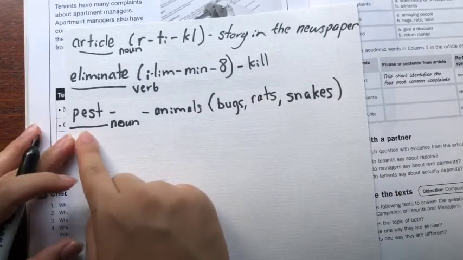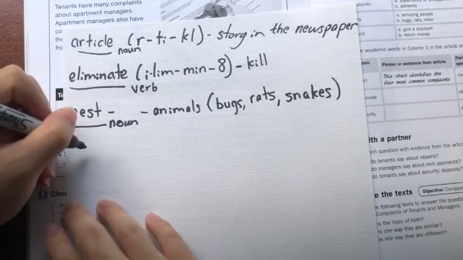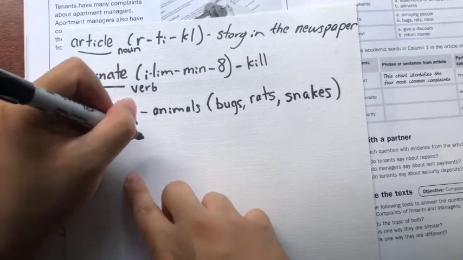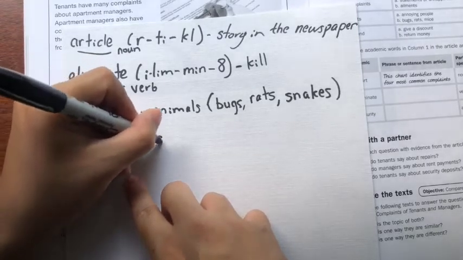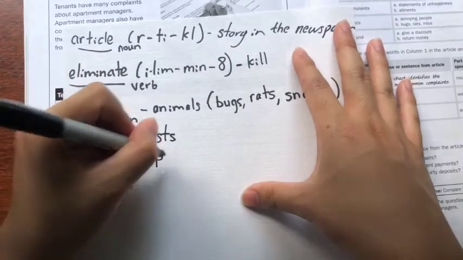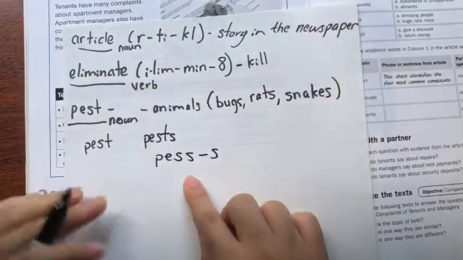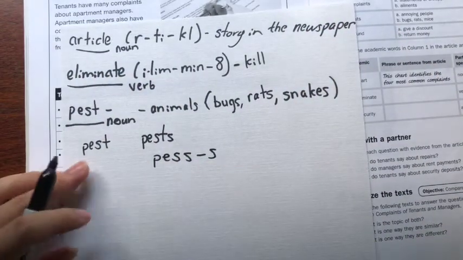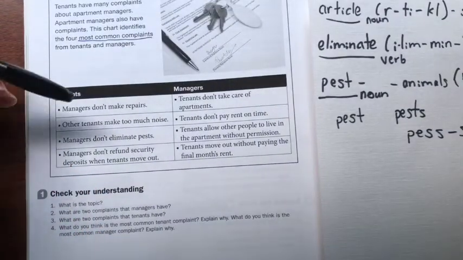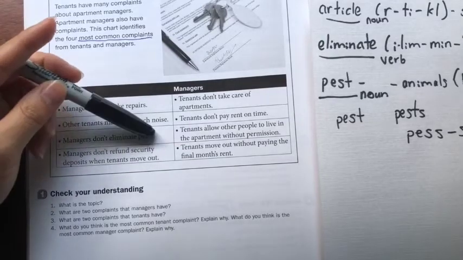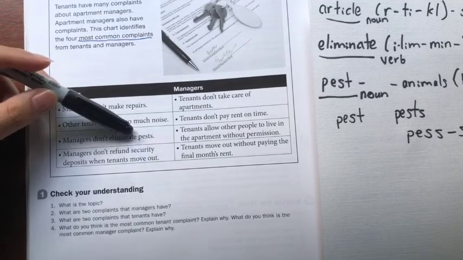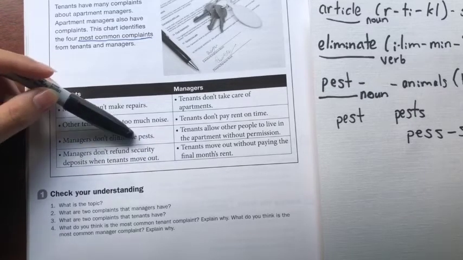If we have one, we say pest. But if we have more than one, we say pests. So the complaints are managers don't eliminate pests, which means managers are not killing the animals that cause problems. So bugs, rats, mice, snakes.